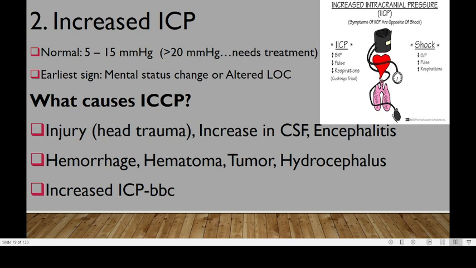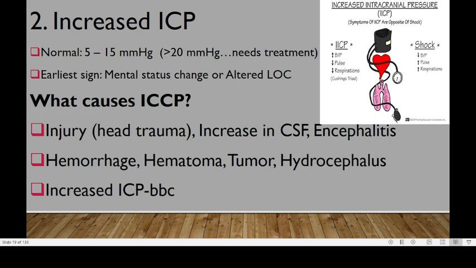This could be caused by injury, especially head injury or trauma, an increase in CSF production, encephalitis, or another cause could be hemorrhage, hematoma, tumor, hydrocephalus. All of them will lead to increased ICP. Remember, it's causing disturbance within the three components: the blood, brain, and the CSF.